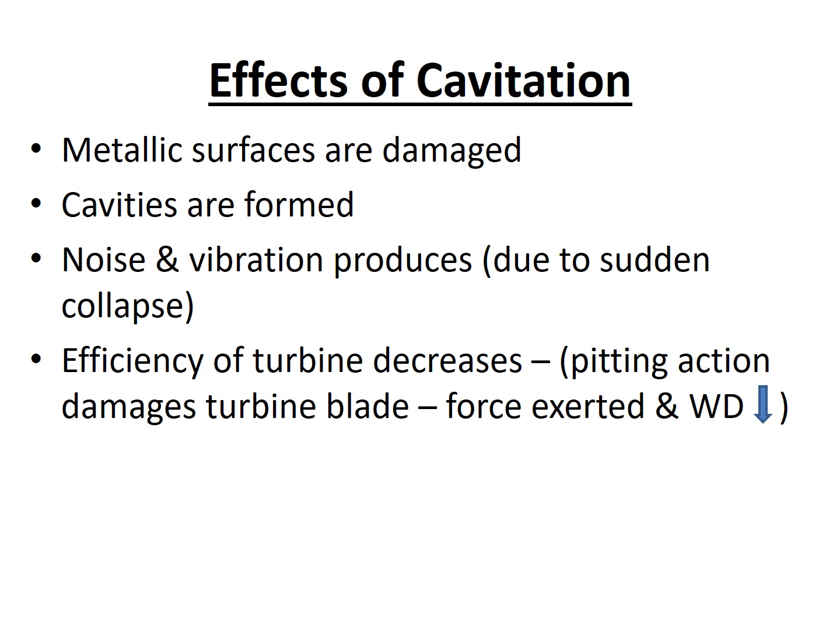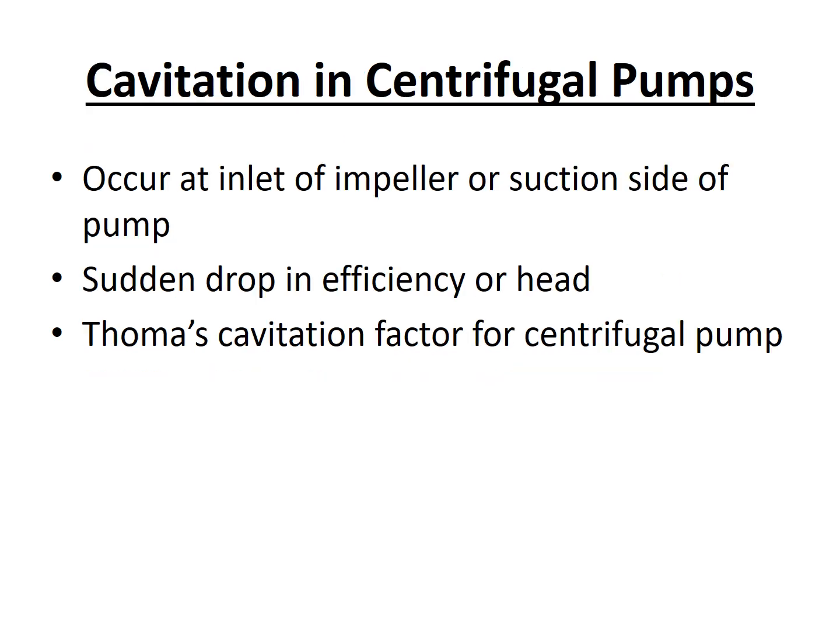So effects of cavitation: metallic surface will be damaged, cavities will be formed, there will be a lot of noise and vibrations, and obviously the efficiency of the turbine or the pump will decrease. So cavitation can occur in centrifugal pumps also, and it will occur at the impeller or the suction side of the pump, and there will be a sudden drop in efficiency of the head. To consider that, we have a cavitation factor called Thoma's cavitation factor for centrifugal pump.